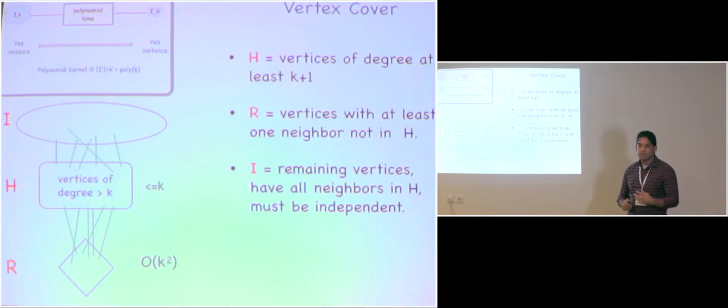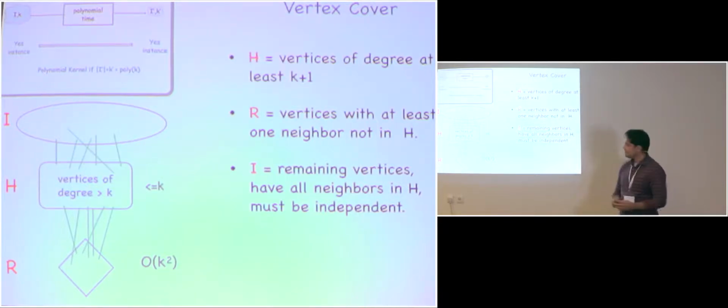This is what was called the Buss rule. And I is just the set of vertices whose neighborhoods are contained in H, which means this is an independent set, and R is the rest. And you already saw that the size of H better be at most k, otherwise you cannot have a vertex cover of size at most k. The size of R better be order k squared, because otherwise you cannot have a vertex cover of size at most k.